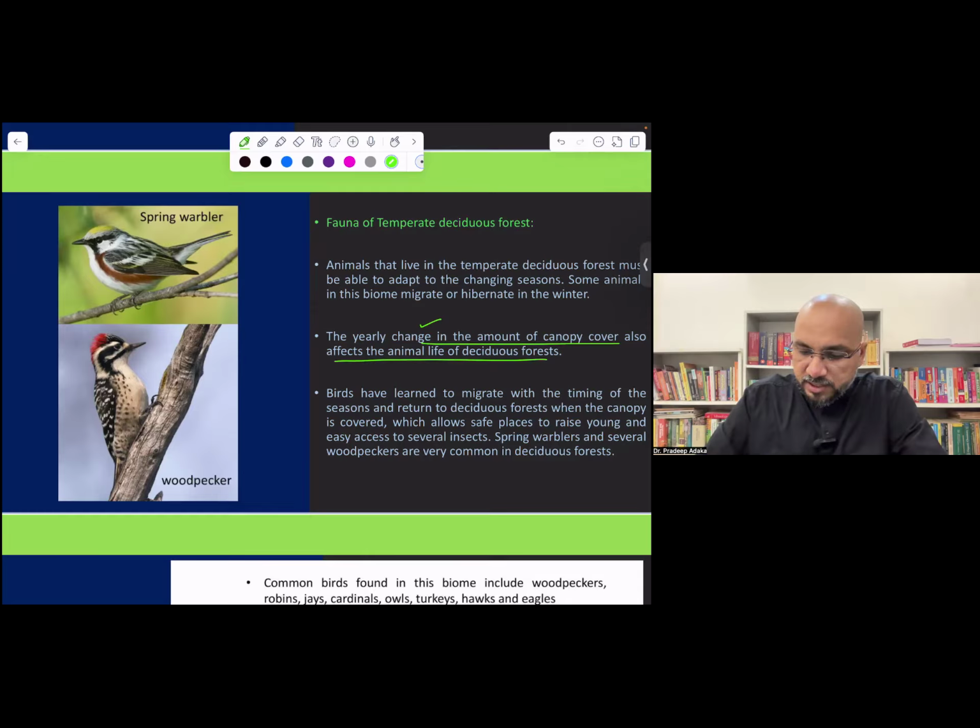Birds have learned to migrate with the timing of seasons and return to the deciduous forest when the canopy is covered. When it is fully covered, they will come back, which provides a safe place to raise the young and easy access to several insects. Woodpeckers and spring warblers are some of the species.